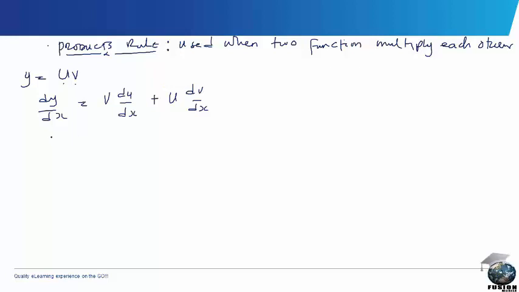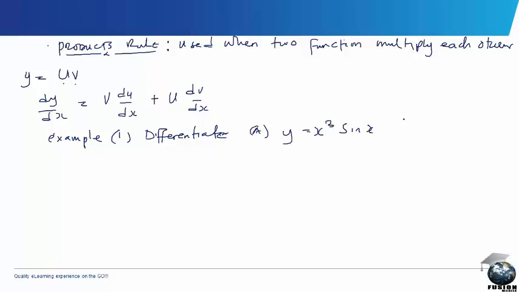So we'll try to apply this to two examples and see how this really works out. Example number 1, maybe we are told to differentiate: a, y equal to x raised to power 3 times sine x, and then b, you're given another function, exponential 5x and 4x squared.